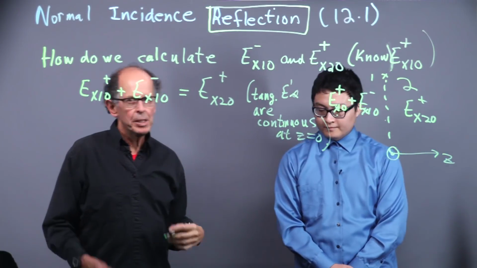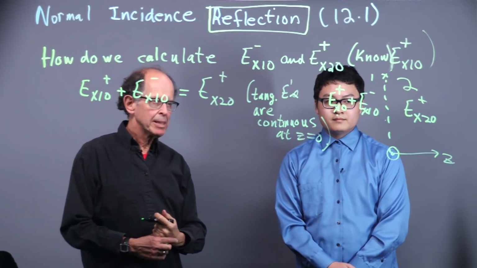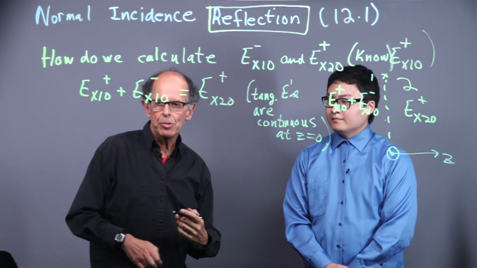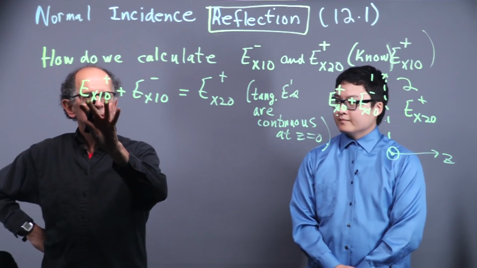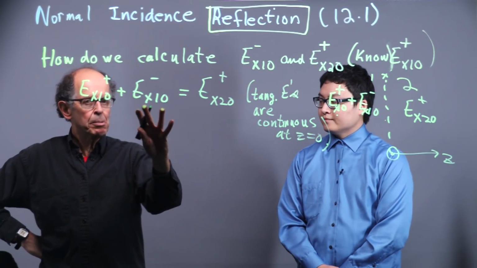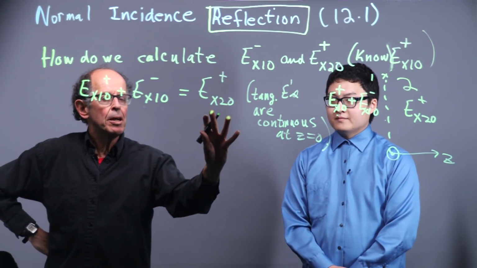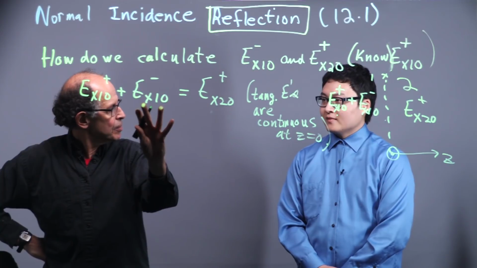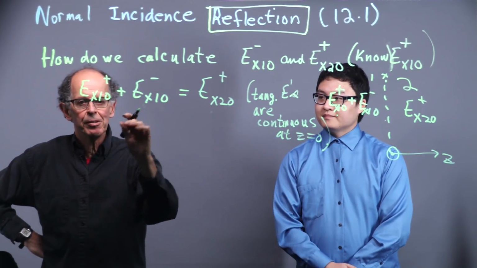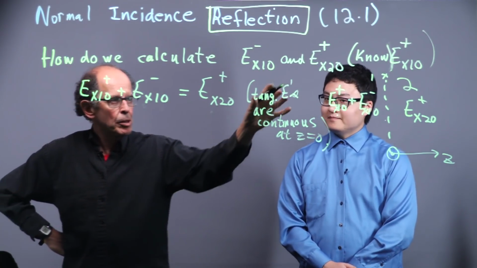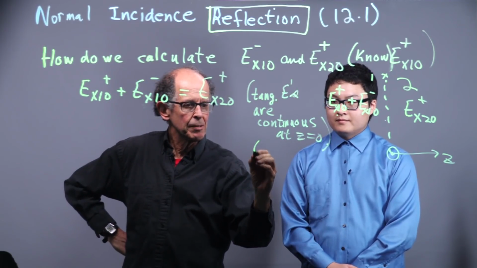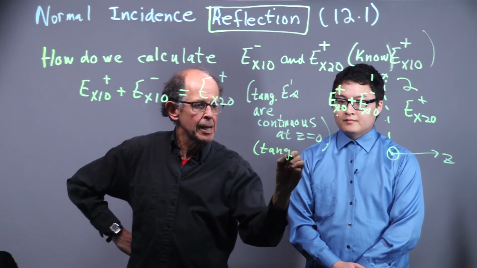Now, we also need to do the magnetic field amplitudes. So to do that, we take the amplitudes and divide by what? Eta 1. Eta 1 on this side, eta 2 on this side, but we can't forget that this amplitude has a sign flip. So we're going to have tangential H's.